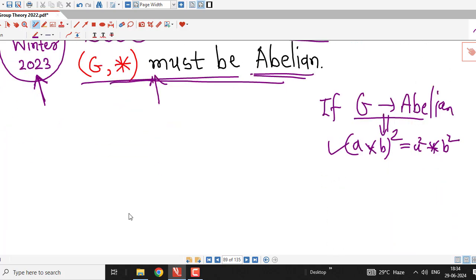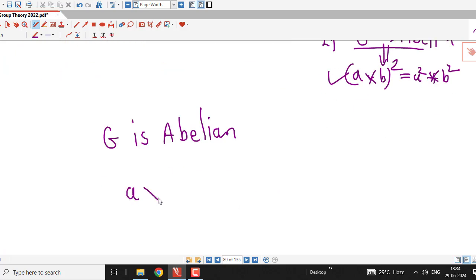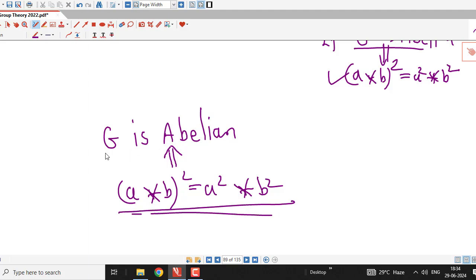So we have two statements here. One statement is G is abelian, and another statement is square of A star B equal to A square star B square. And here they have asked in this direction, that if this is true, then prove that G must be abelian.